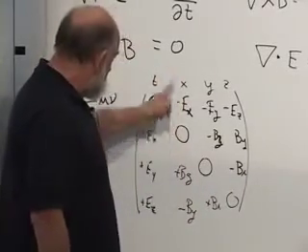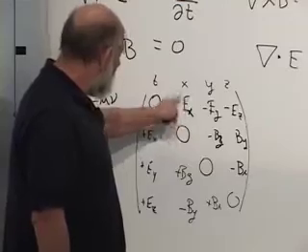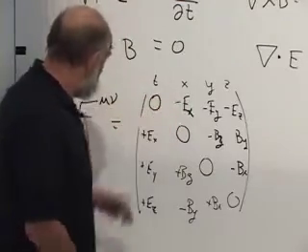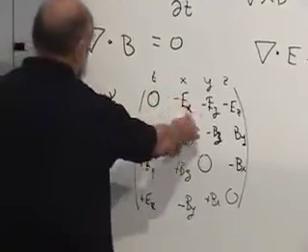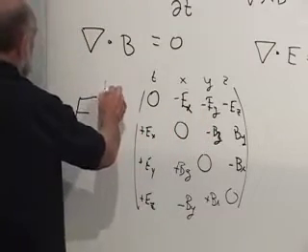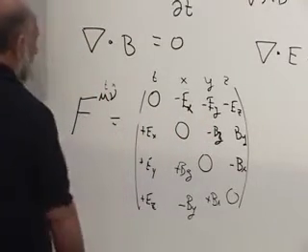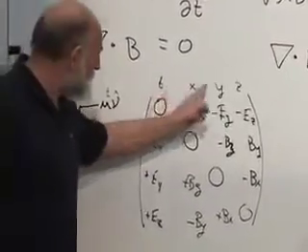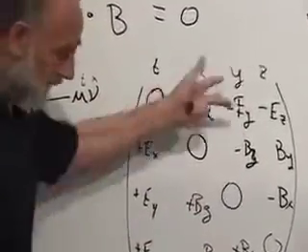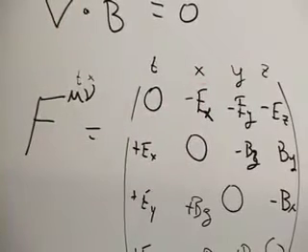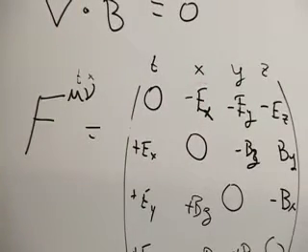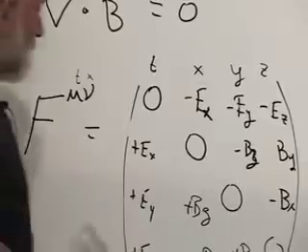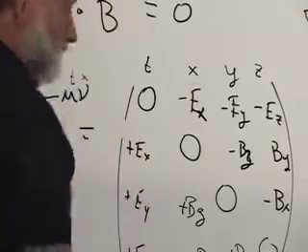This element over here would be mu equals t, nu equals x. So as mu and nu both run over x, y, z, and t, we fill out this matrix. That's the notion of the electromagnetic field tensor, and as I said, it transforms in the right way to be a tensor.